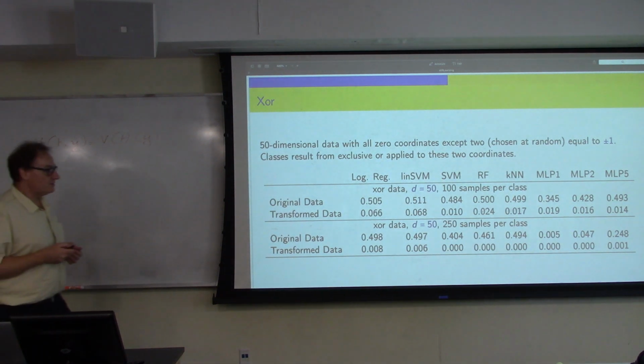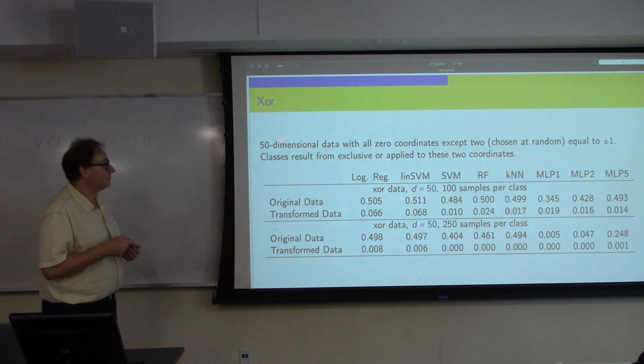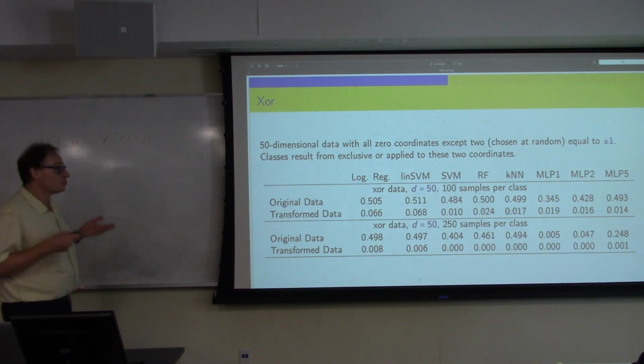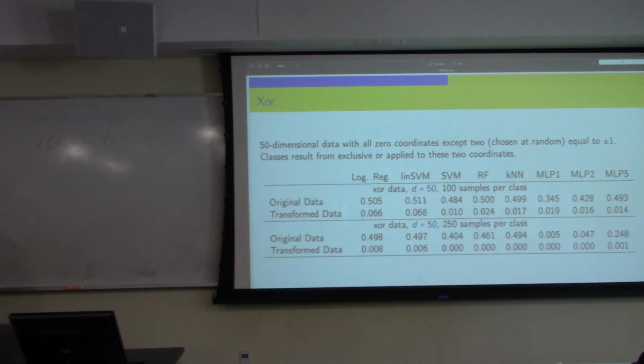So it should be easy, but if you are in 50 dimensions and run this problem, well, most classifiers fail. Surprisingly, this diffeomorphic approach worked, and that is not the rule. It's not always a big difference like that. But in that specific example, it worked better. And starting with 100 samples per class, when you increase the number of samples per class, then neural networks also catch the classification.